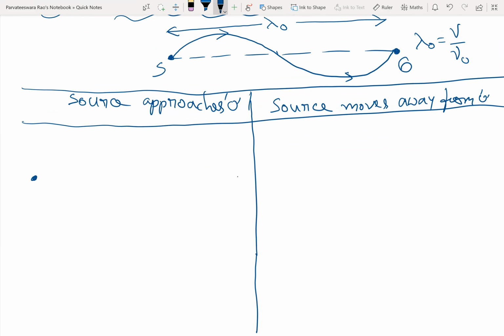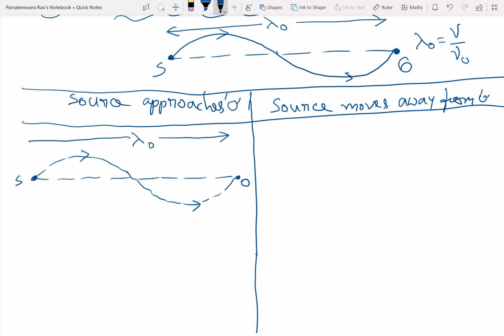This is the source. Here is the observer. And this was the wave reaching the observer and enabling him to listen when both source and observer are at rest, what I have shown earlier. So that is given as lambda naught. Here also you can show it.